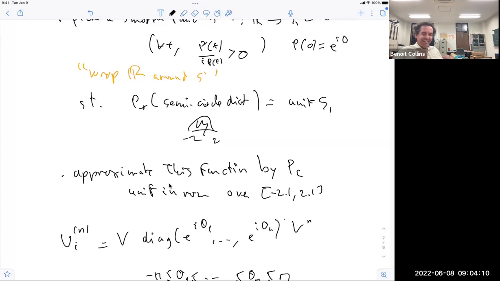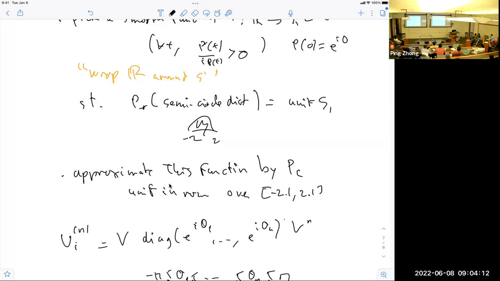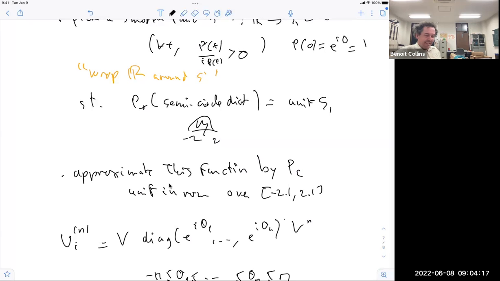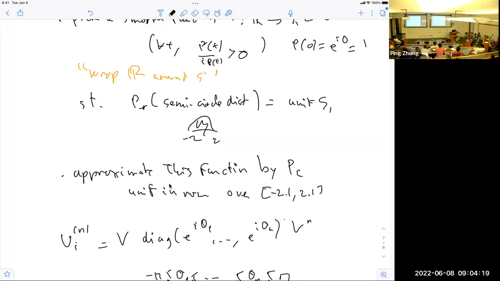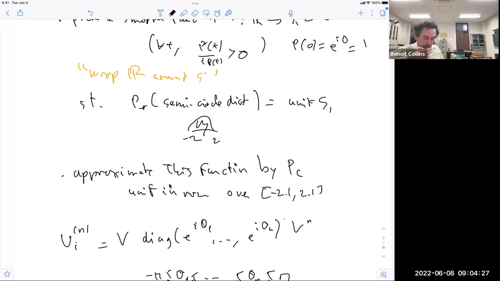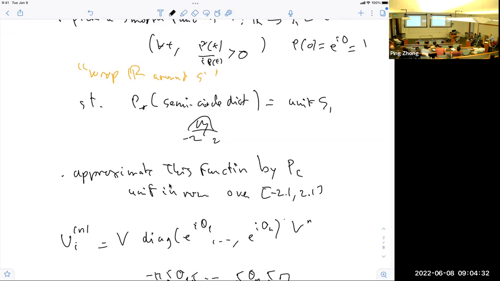Thank you. I have a question to Jamie here. Yeah, so when you apply P_epsilon to H, of course, you can move it into the eigenvalues, right? So you're saying P_epsilon of λ_i is somehow close to e^{iθ_i}, right?